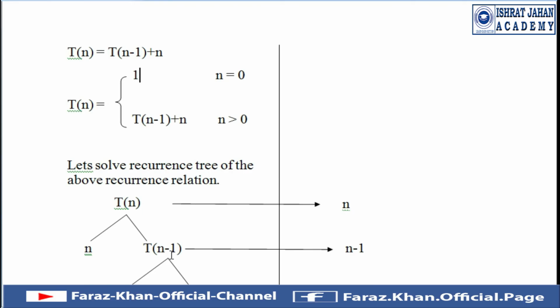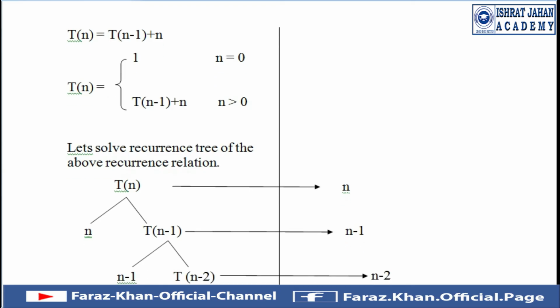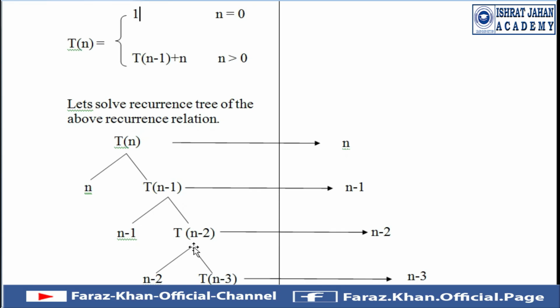Each time the algorithm calls itself, it will be n minus 1 and n minus 2, right? Just like that. If it calls another time, it will be n minus 2, n minus 3, right?